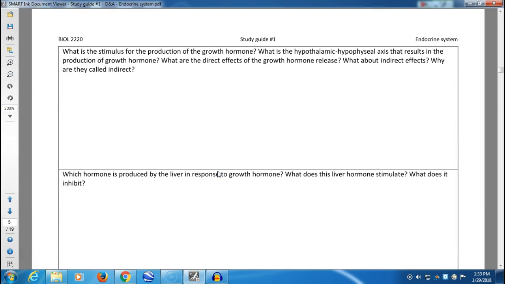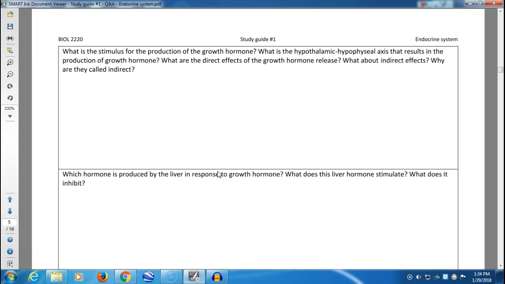Okay, growth hormone. Let's stick to it first. What is the axis? What does it start with? Okay, stimulus. We can have low blood sugar, low free fatty acids, high amino acids, trauma, exercise, sleep.